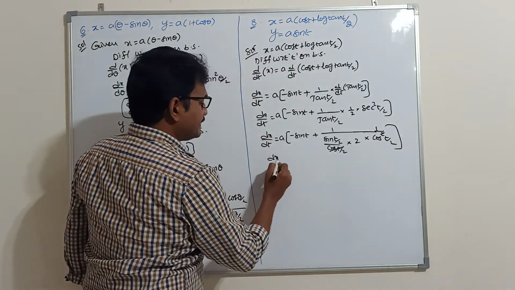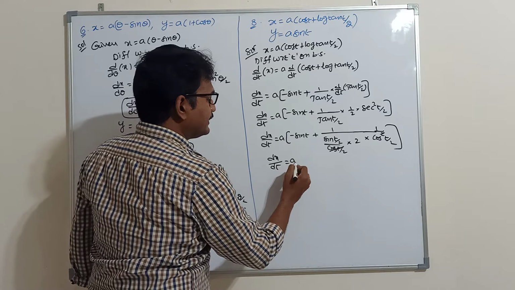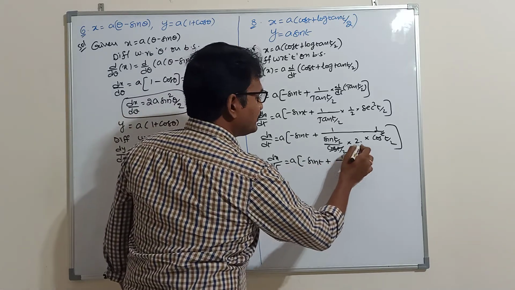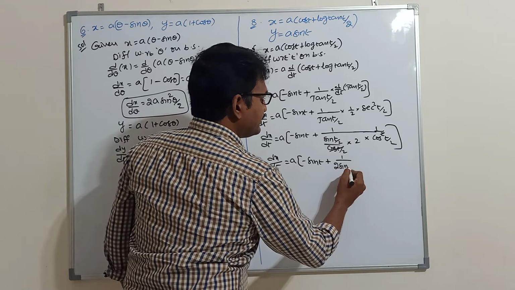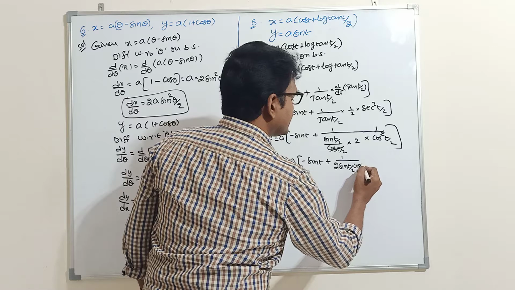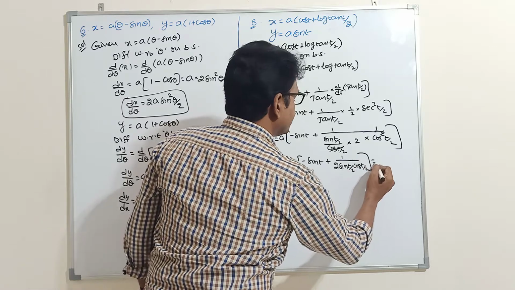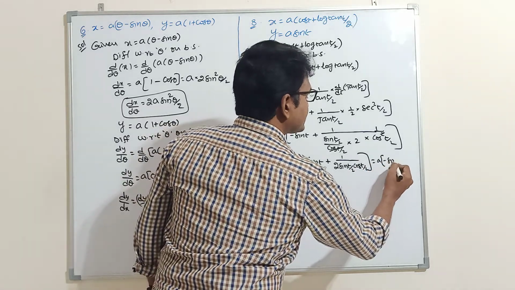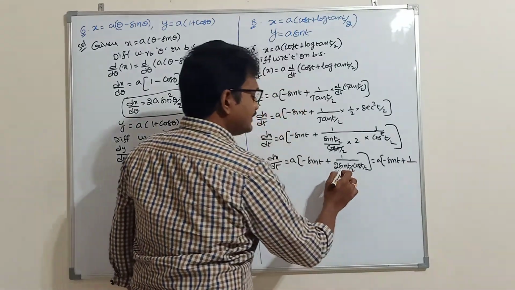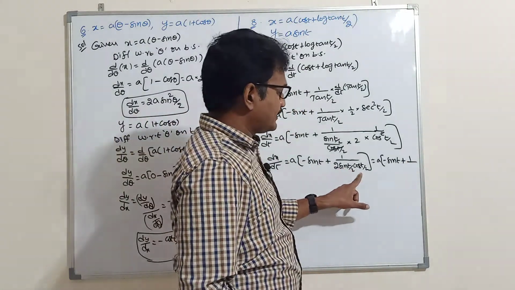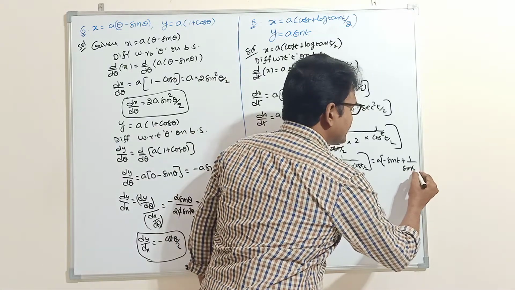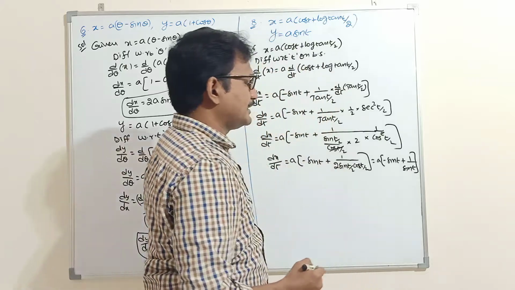So dx by dt is equal to a into minus sin t plus 1 by 2 sin t by 2 into cos t by 2. This is in the form of 2 sin a cos a, and 2 sin a cos a is sin 2a. So sin 2 into t by 2 means sin t.